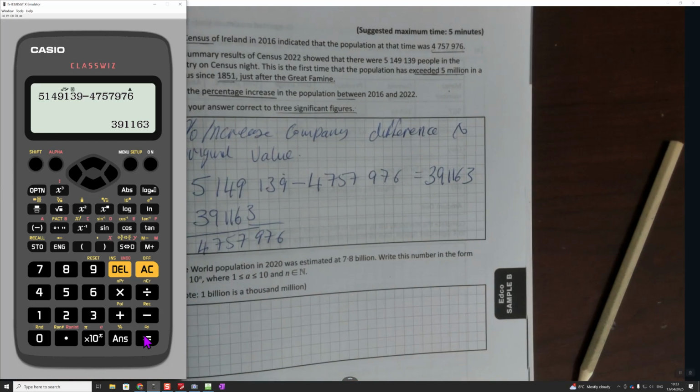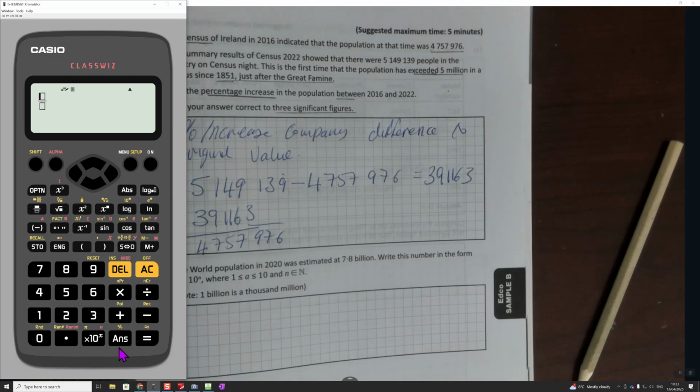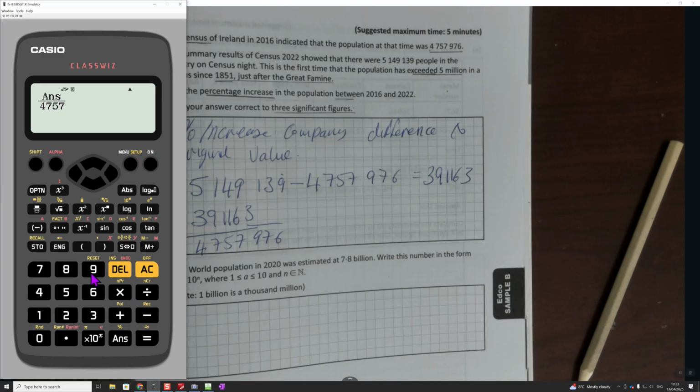Okay, or I'm going to take my answer here and do a fraction bar with the answer on top and this other number down below. Now there is a way to do this without having to fill in the same information twice, and I'll show you that towards the end of the video as an advanced method.